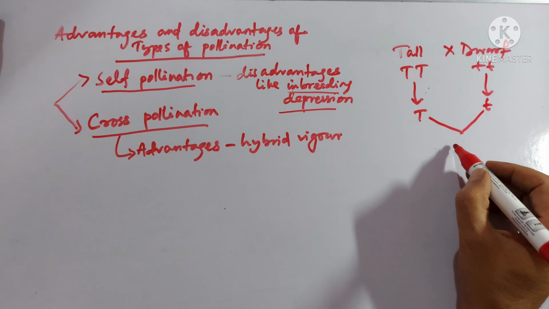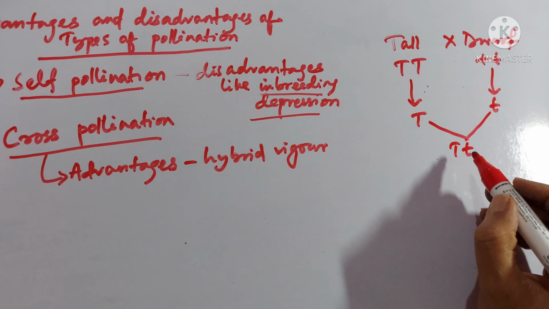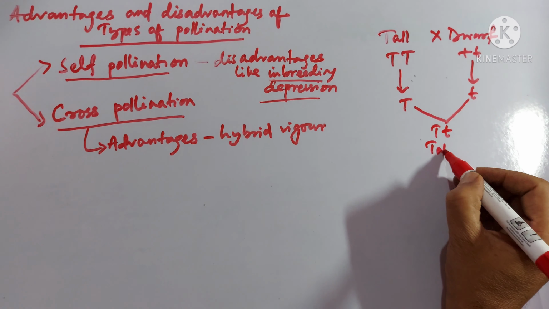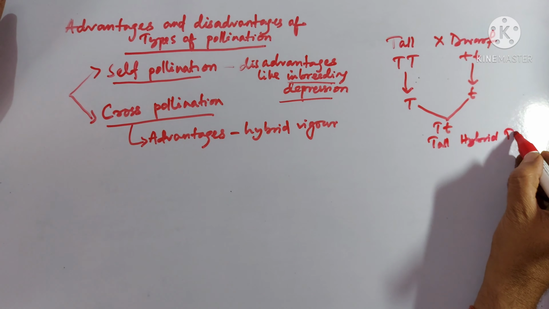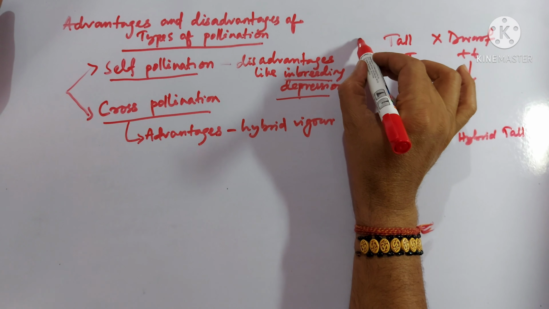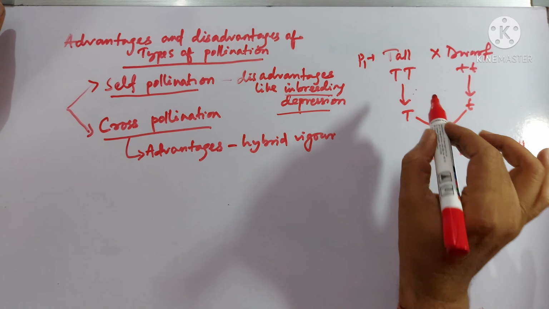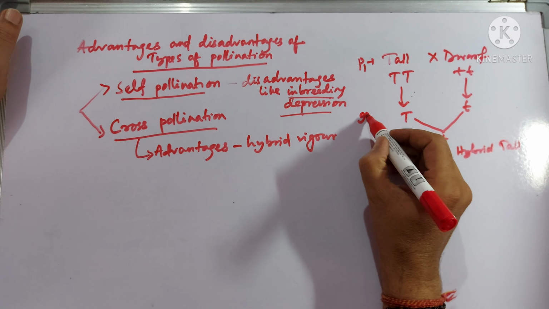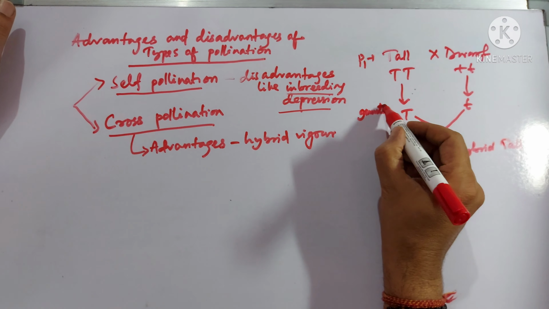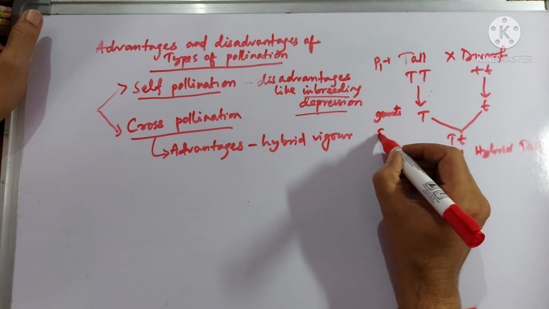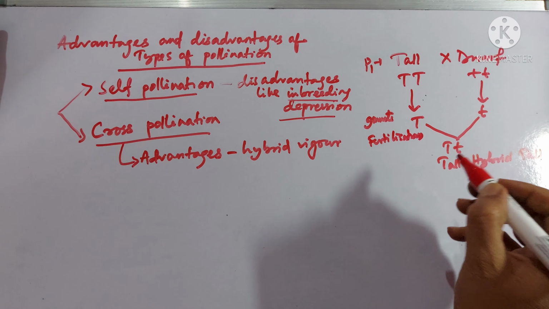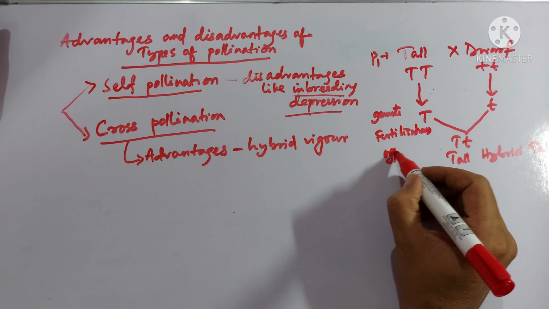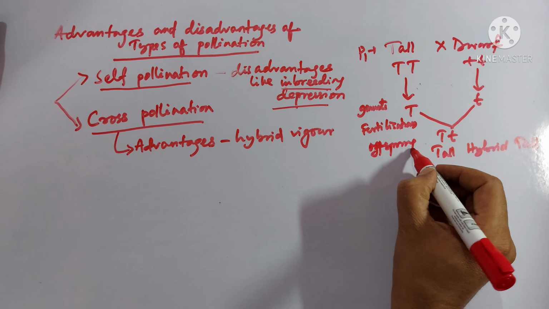So all become capital T, small t, that is hybrid tall. This is the parent and this is gamete, and after fertilization, this is the offspring or F1.